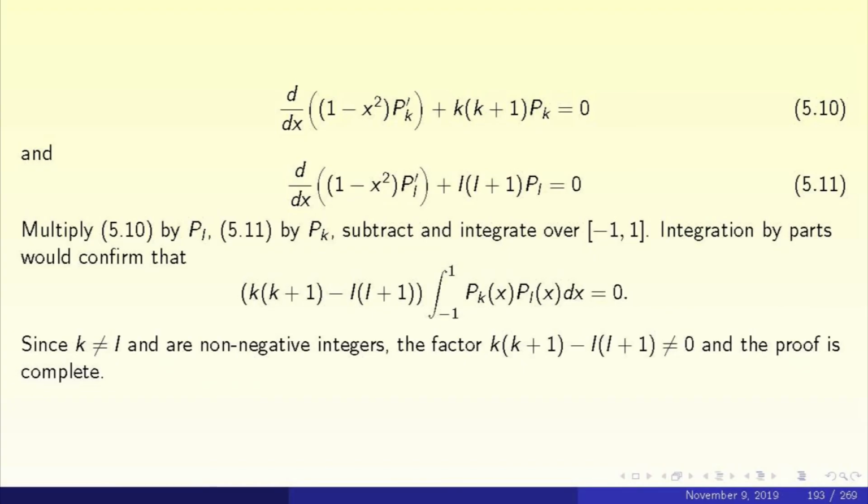So d dx of 1 minus x squared pk prime plus k into k plus 1 pk equal to 0, 5.10. And again for pl, we get d dx of 1 minus x squared pl prime plus L into L plus 1 pl equal to 0, 5.11. Multiply 5.10 by pl and multiply 5.11 by pk, subtract and integrate over minus 1, 1 and see what happens.